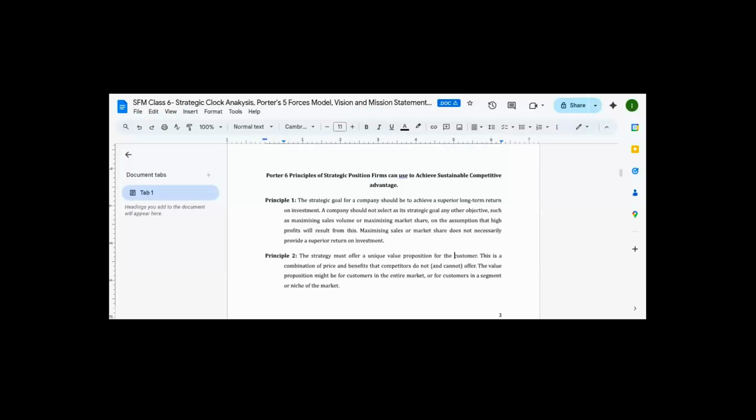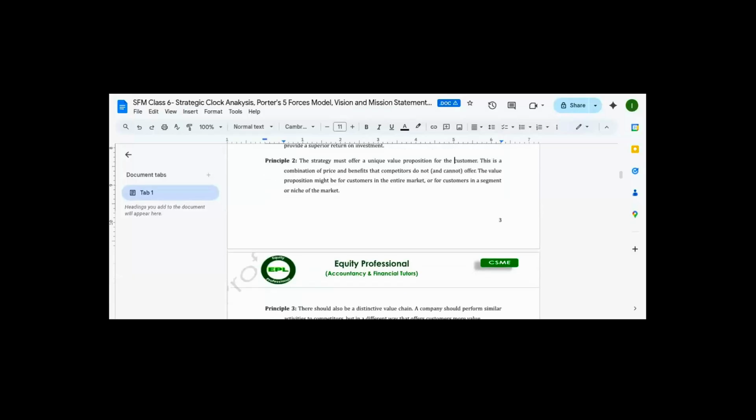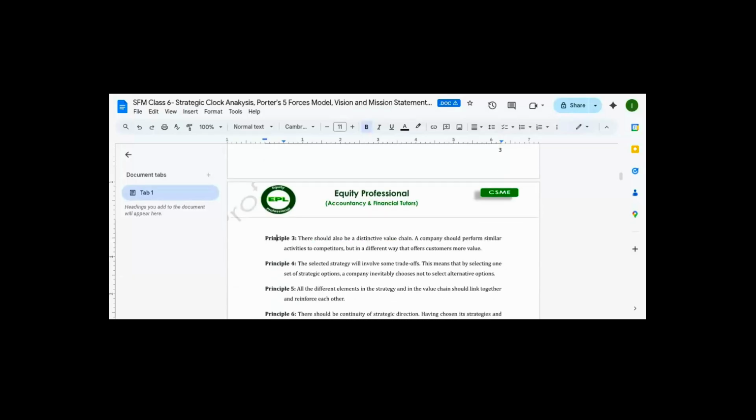This will give a value proposition to customers. And that value proposition should be for the entire customers in the market that purchase our products. Principle three, there should also be a distinctive value chain, because a company should perform similar activities to competitors, but in a different way that offers customers more value.